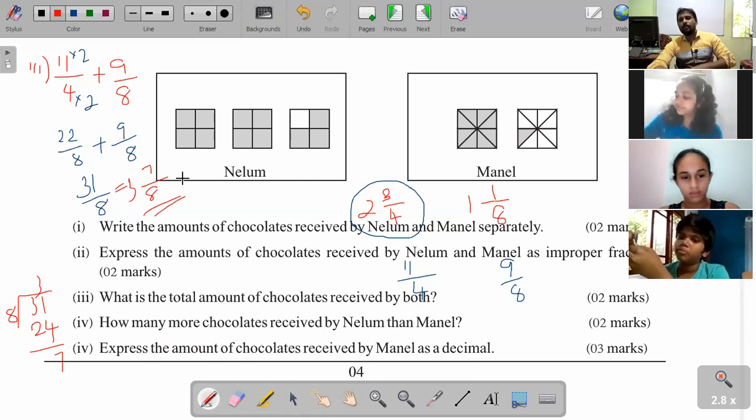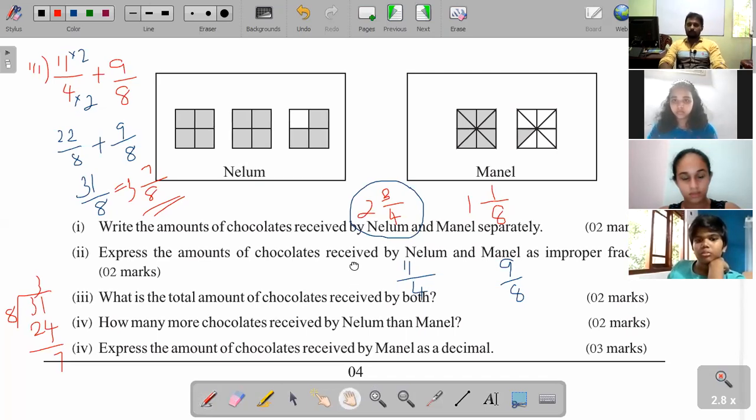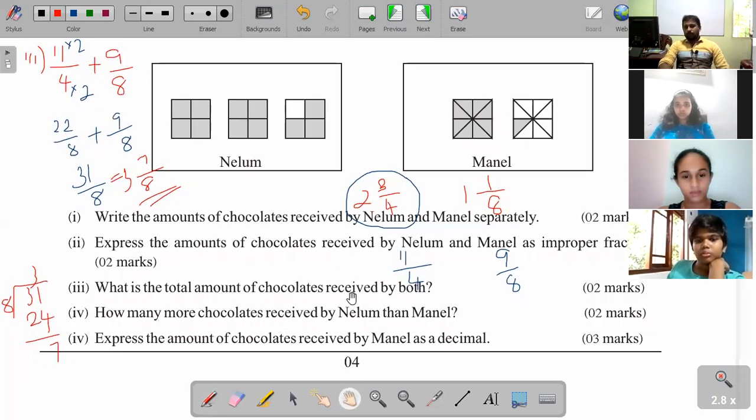That's the total amount as a fraction. Right, you revise the knowledge about fractions using this question.